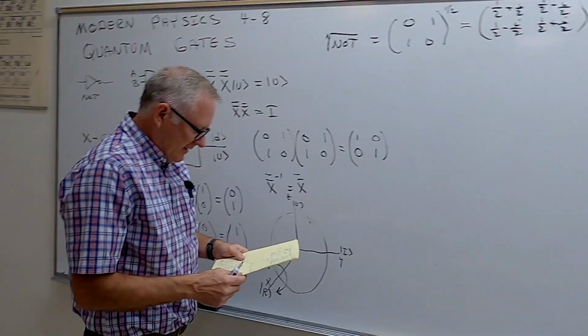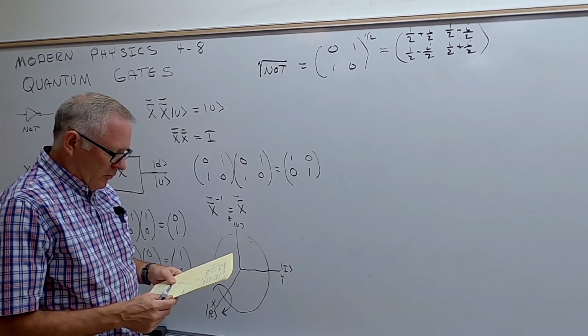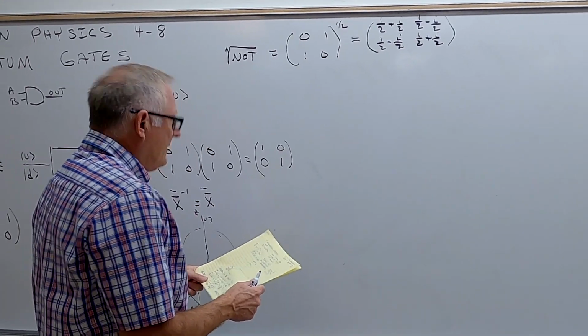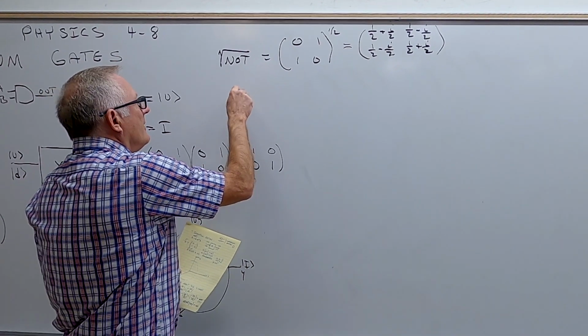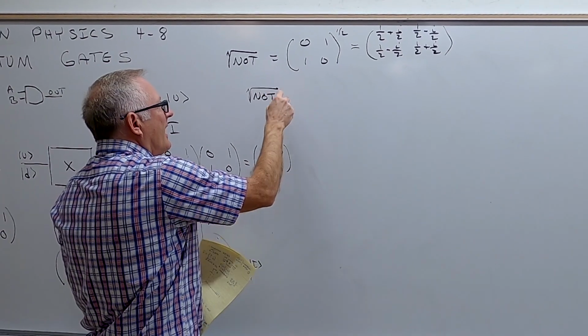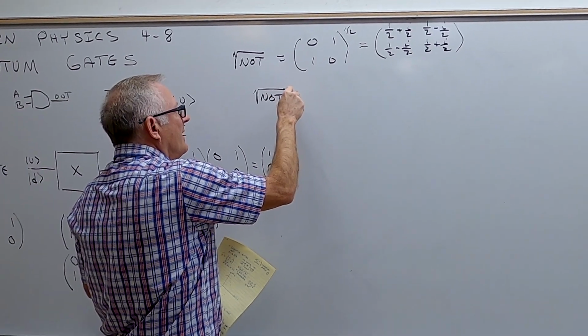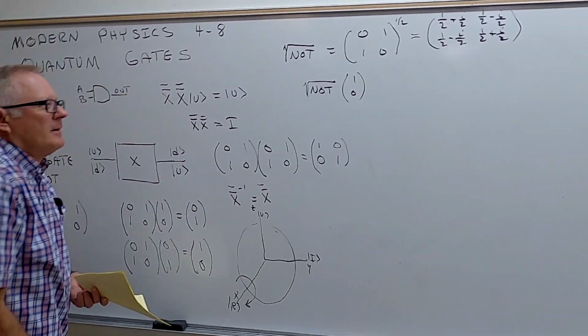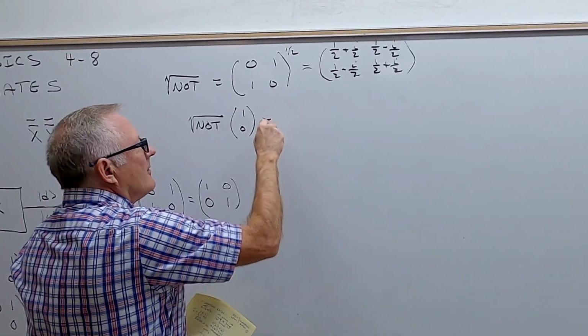So that means if I just operated this square root of NOT on, say, an up state, which is 1, 0, what would that give me?